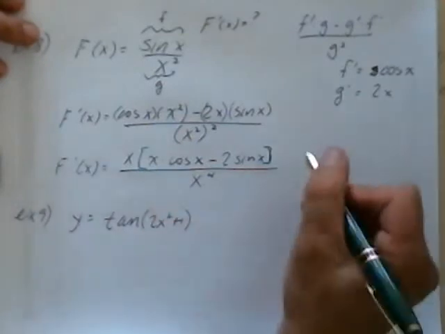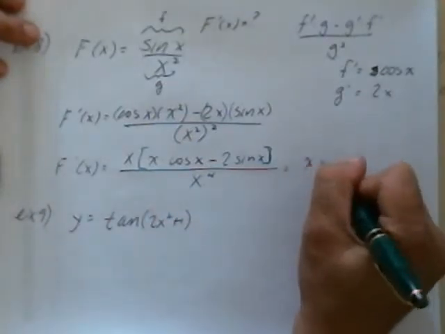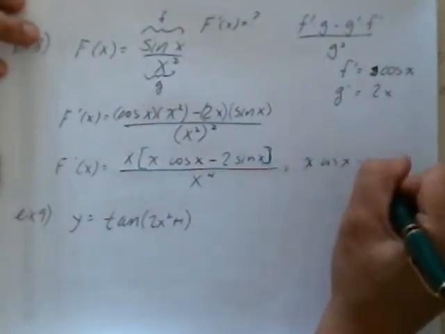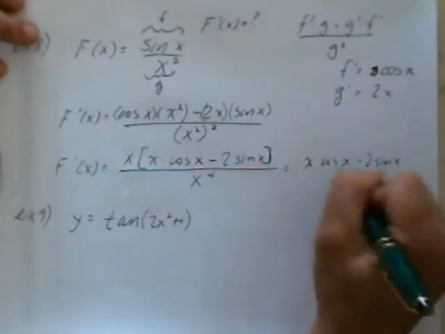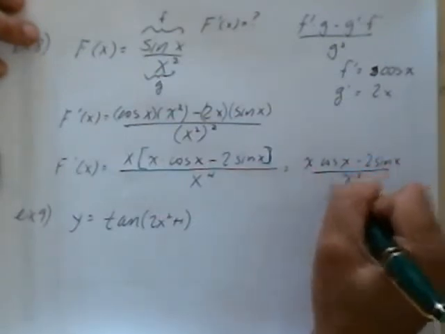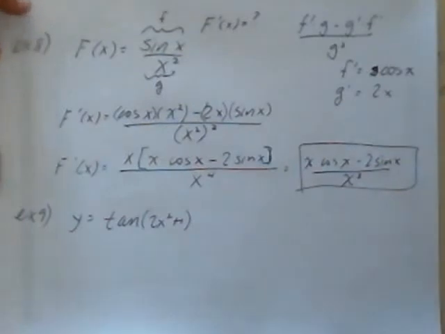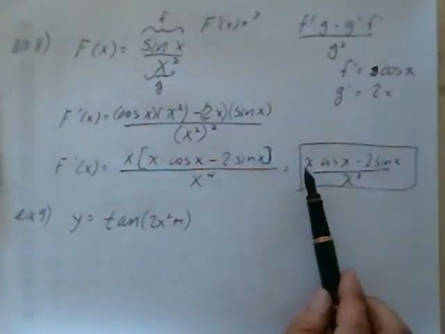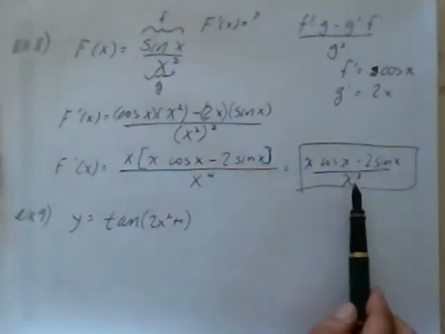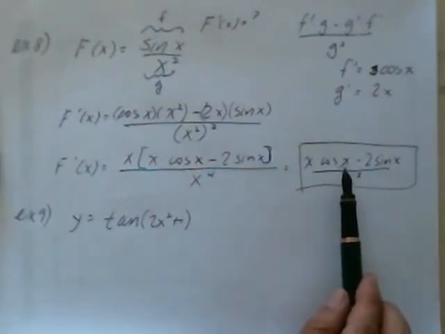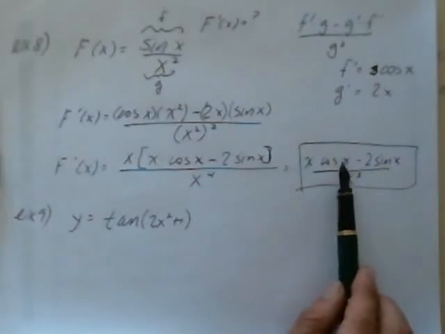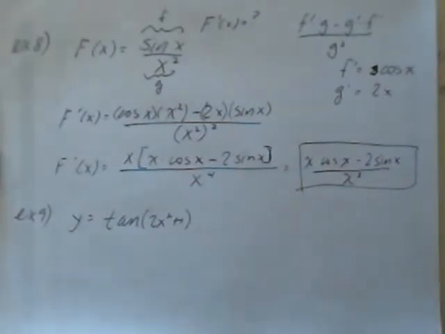Notice one of the x's cancels. So we end with x cosine of x minus 2 sine of x all over x cubed. And there it is right there. Notice something. The x's cannot cancel because this is on the inside, that's on the outside. Cosine of something, you cannot cancel one of the x's from the denominator and numerator.